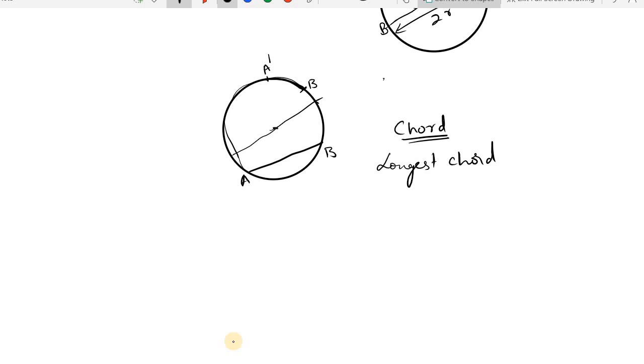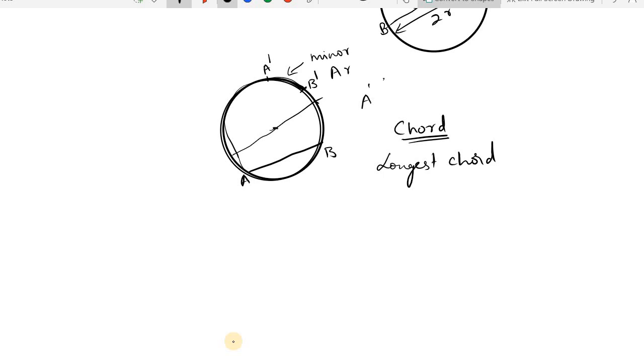Okay, so let me take this as A dash B dash because we already have A and B over here. So I could go all the way round and then come back to B, or I could take the short route. This short route is called the minor arc. Minor arc. The long one is called major arc.